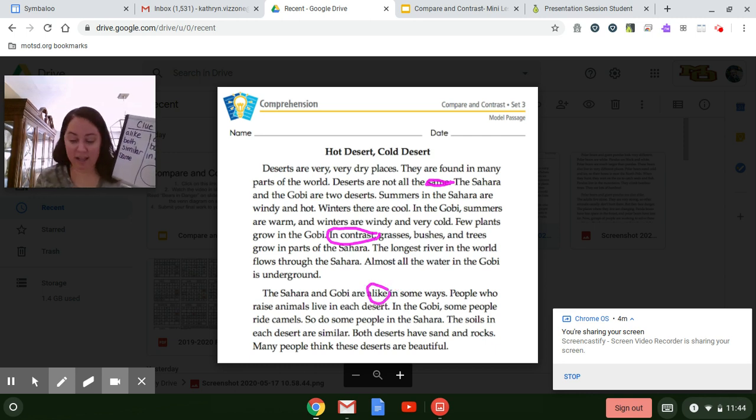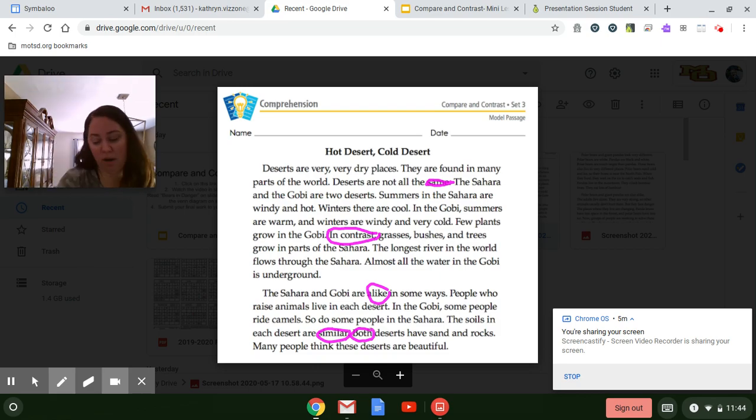Let's see. There was one here, similar. And then right next to similar, there is both. Okay, awesome. So you can see there were some clue words used in the first paragraph and some clue words used in the second paragraph.